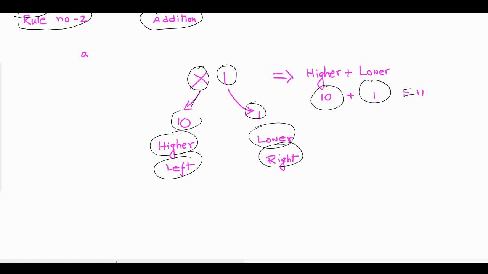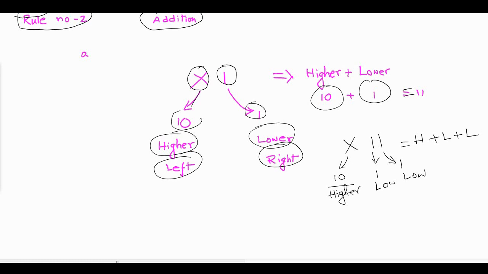You can write 12 like this: this one is 10, this one is 1, this one is 1. This one is high, these are low. So the formula is high plus low.